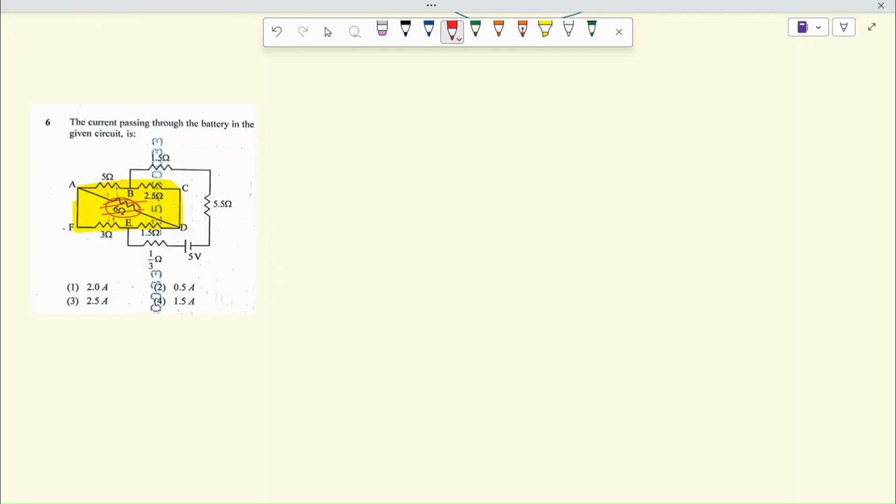Its current is 0. So remove that. 5 and 3 are in series, and on the other side 2.5 and 1.5 are in series. So 5 and 3, and parallel to this 2.5 and 1.5, which means 5 and 3 together, this is 8 and this is 4. 8 and 4 are in parallel to each other.